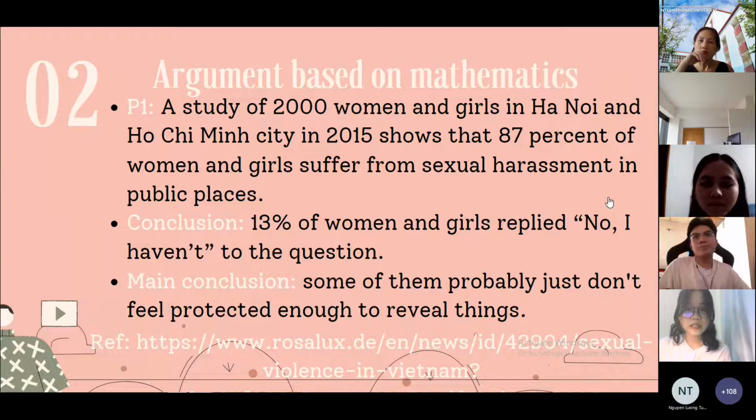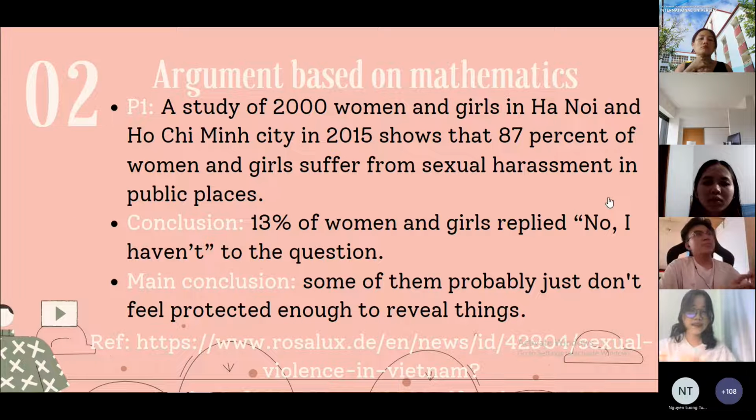We take 87% of women and girls out of 2,000 women. So we do the subtraction, and we have that 13% of women and girls replied, no, I haven't, to the question: have you ever been raped or assaulted?